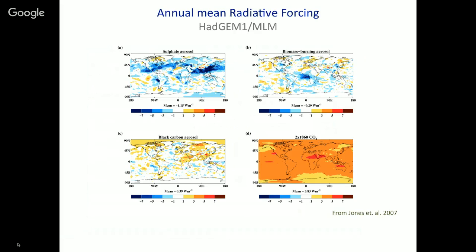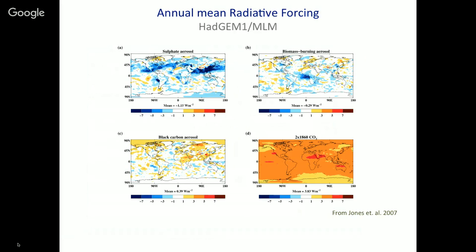So one clear difference you can see here is that all of these aerosol radiative forcings are much more non-uniform. They have a lot of regional character in comparison to what you see for the carbon dioxide. Also, for the benefit of everybody, how do you define a radiative forcing?